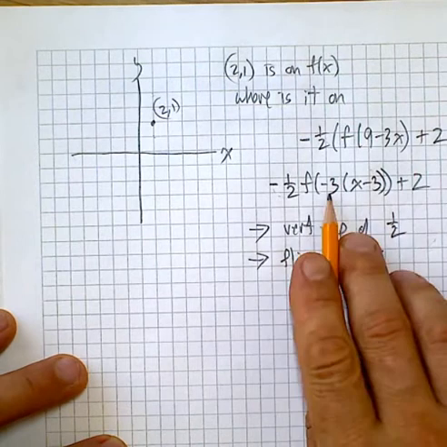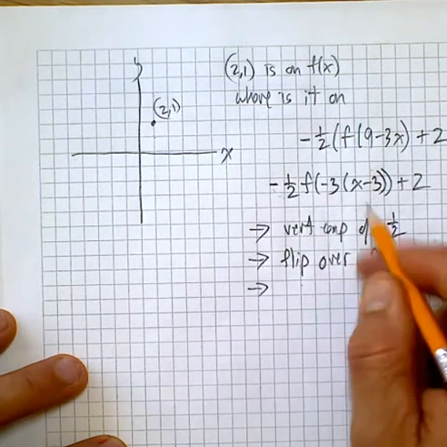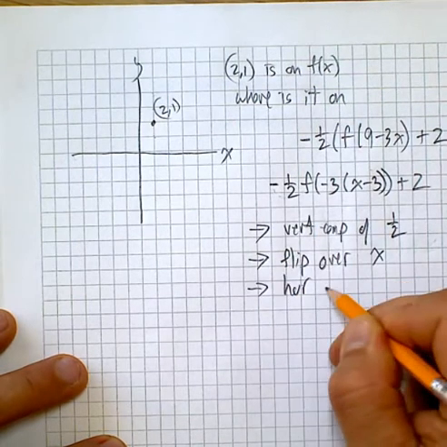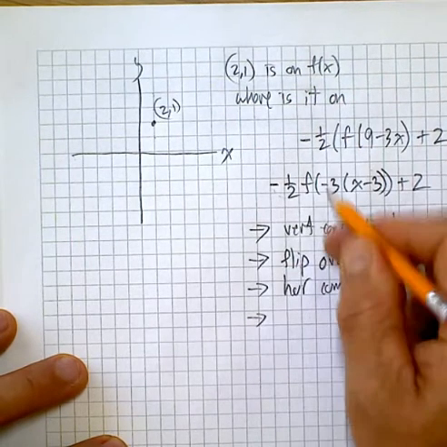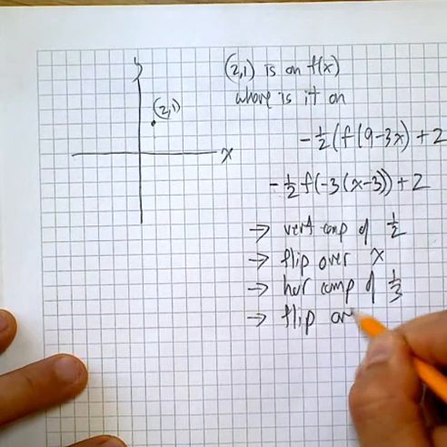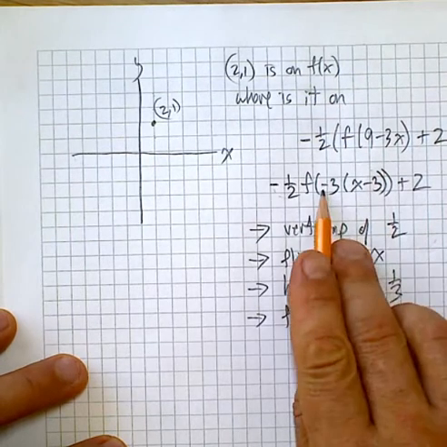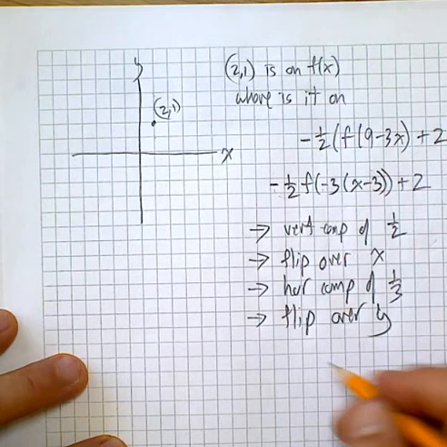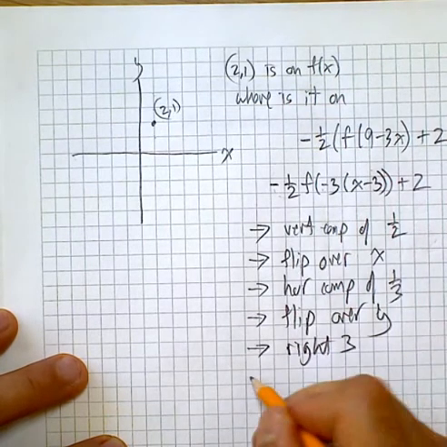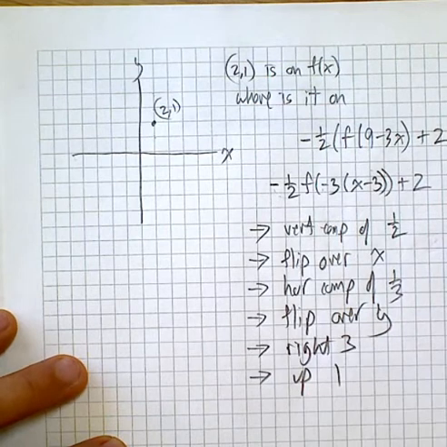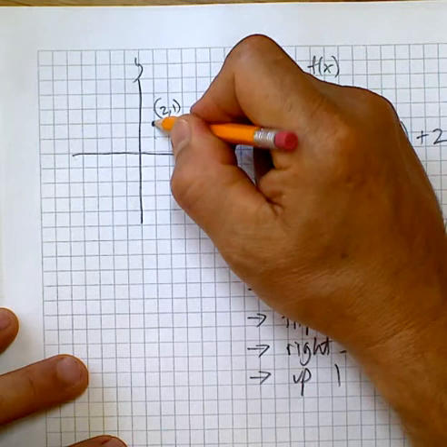Then it looks like on the inside it is a horizontal compression of 1/3. It's also a flip over the y-axis, that negative there. This means that it goes right 3, and this means that it goes up 1. So we have 6 transformations that we're doing, and we're going to use this point right here to do them.